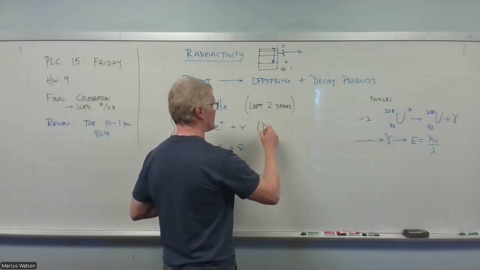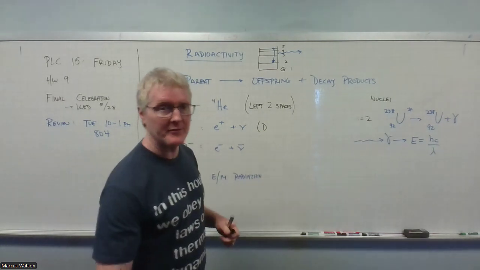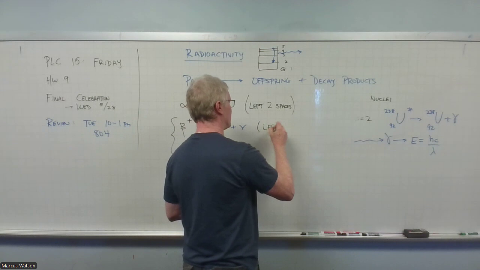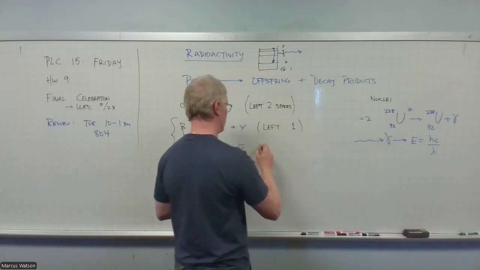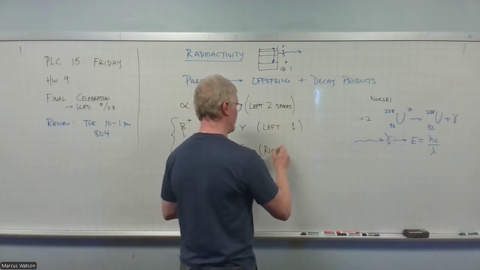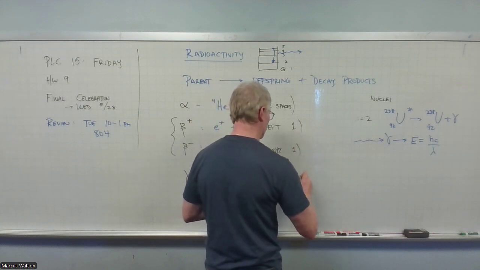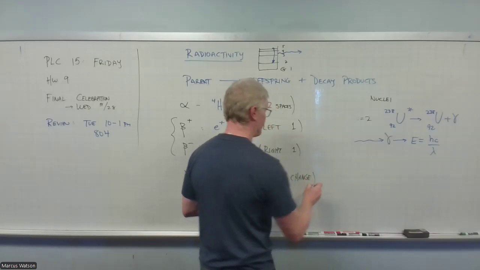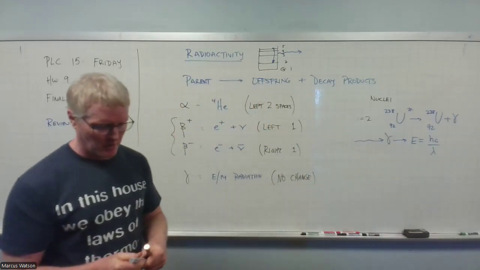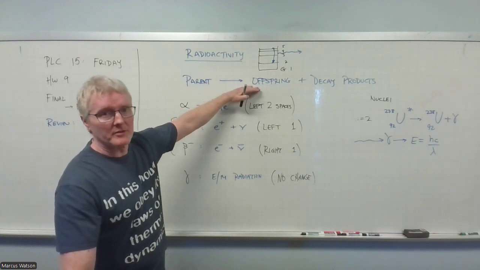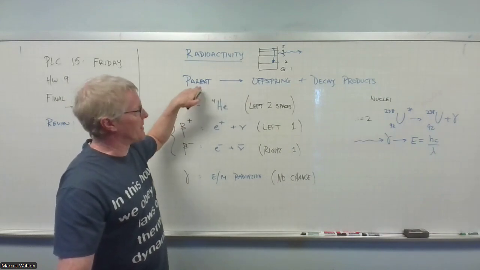This decreases it by 1, so this would be to the left 1 space. This one is to the right 1 space, and this is going to change. Okay, so basically I'm charting out here what happens to the offspring nucleus compared to the parent.